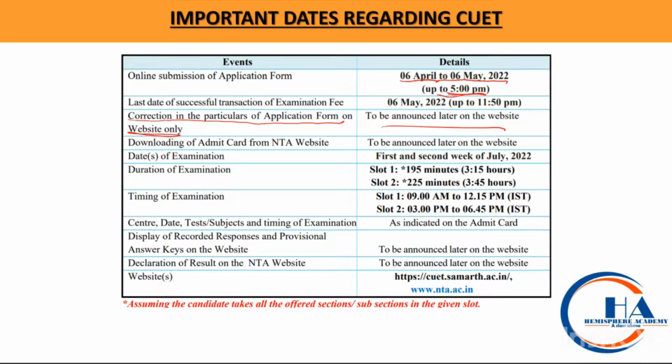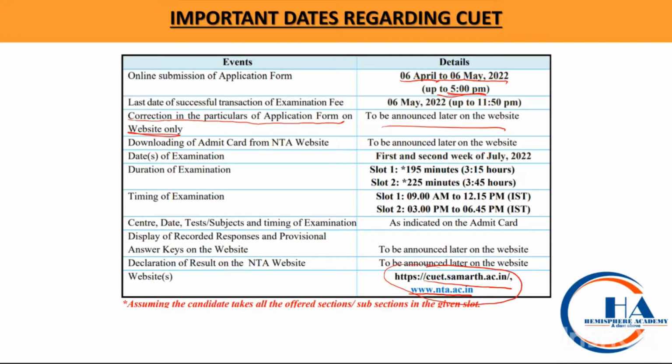The websites are as follows, which is cuet.samarth.ac.in and www.nta.ac.in. These two websites are really important for you guys. I suggest you regularly check these websites day in and day out, each and every day possible. Next, the downloading of the admit card, it will be announced later.